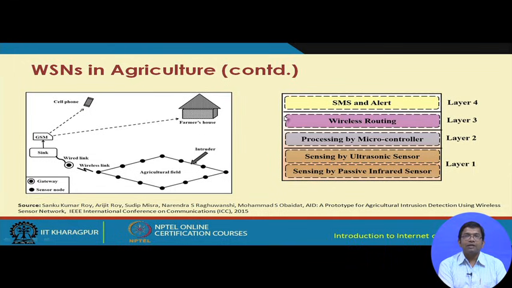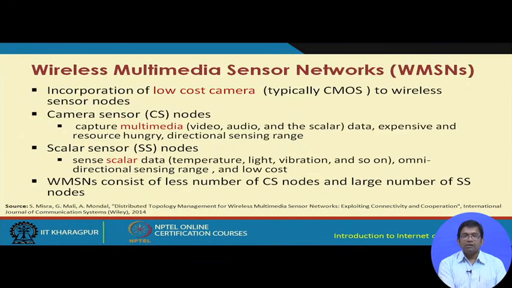This is the layered architecture of this particular system that we have developed. So, first two layers are sensing using PIR sensor and the ultrasonic sensor, and then processing by the microcontroller, and then routing, and finally the application level SMS and alert messages will be sent to the farmer or any other stakeholder of that particular field. So, this is one application. That means, this is the second application.